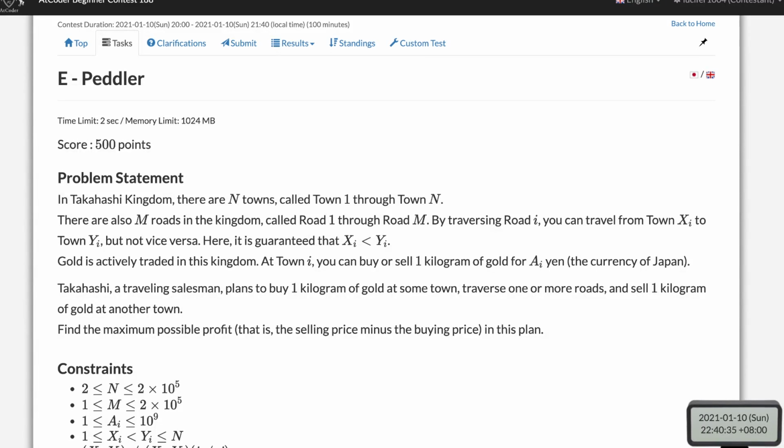Important thing here is that all the rows are directed, and it is guaranteed that xi is smaller than yi. So all the rows are from a term with a smaller index to a term with a larger index.